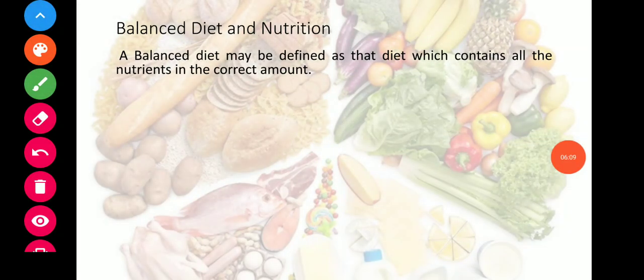A balanced diet may be defined as that diet which contains all the nutrients in the correct amount. Here I want to stress the point that the amount must be very correct as we are taking the balanced diet. If the nutrients are not in the adequate amount, definitely it would not be treated as a balanced diet.